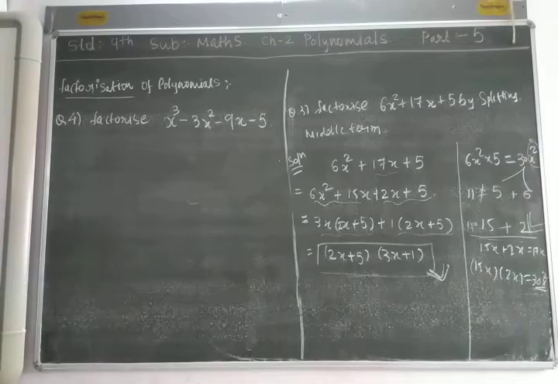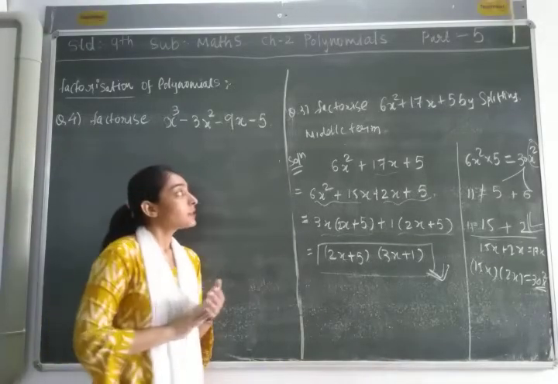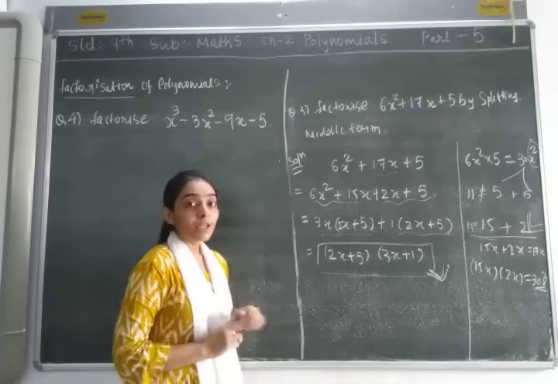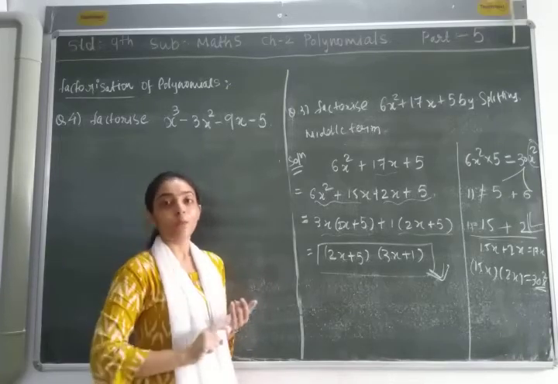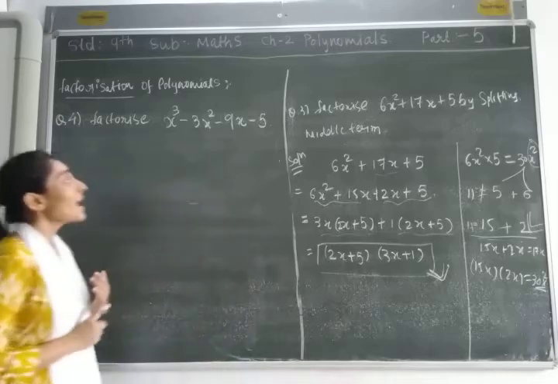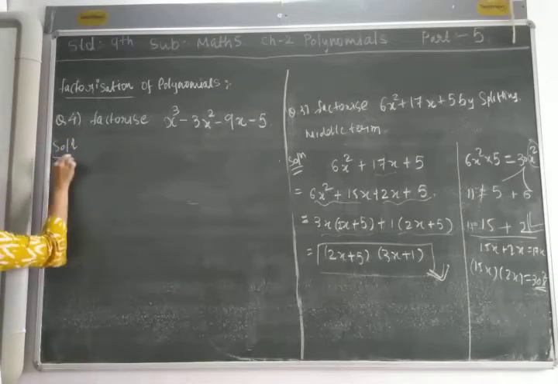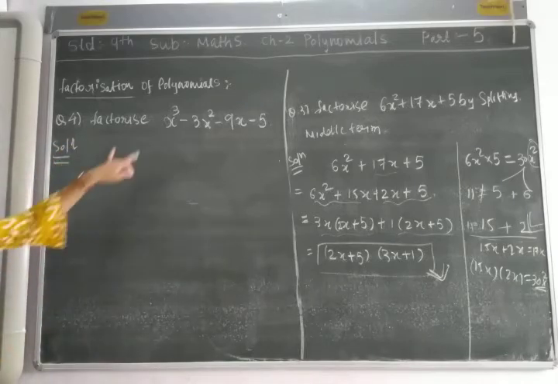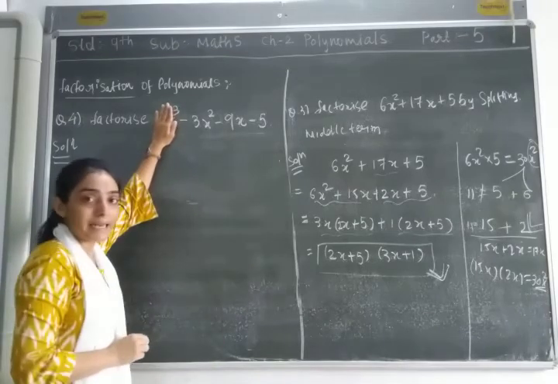We have to factorize this cubic polynomial. By splitting the middle term we cannot do it. It is only possible in a quadratic polynomial. Here given is my cubic polynomial, so we cannot take this one directly.